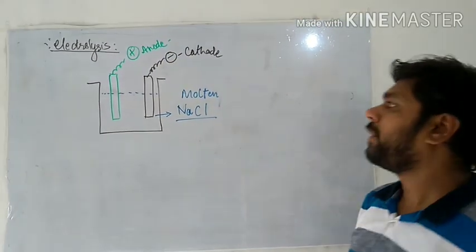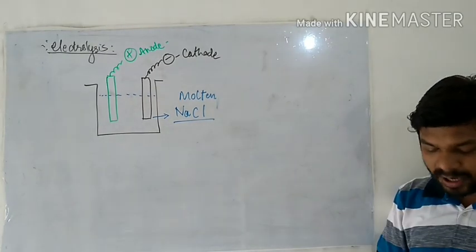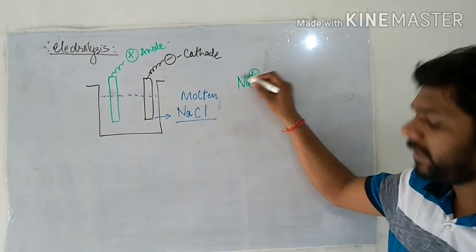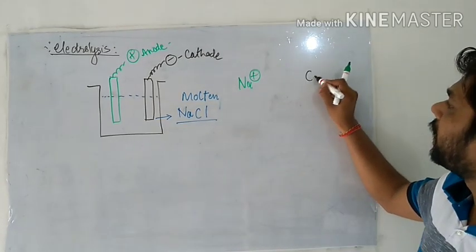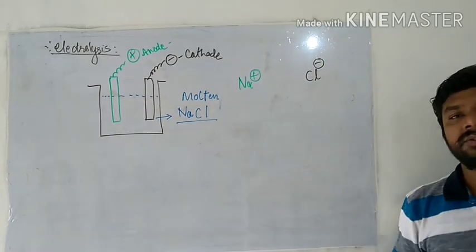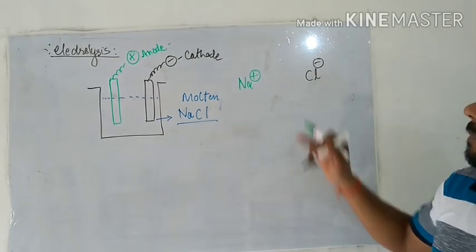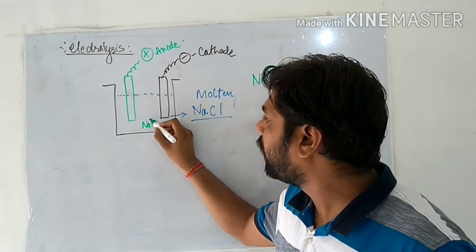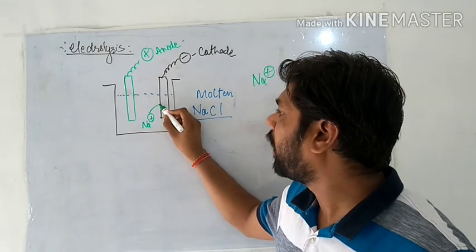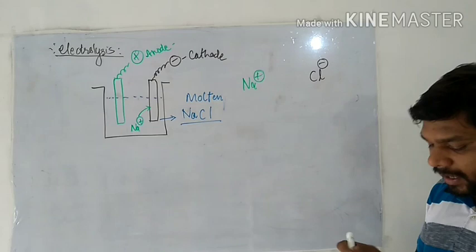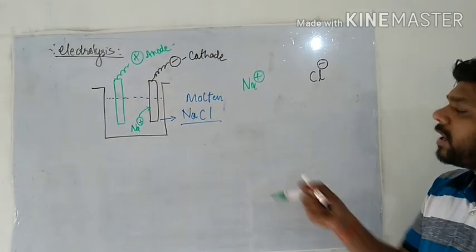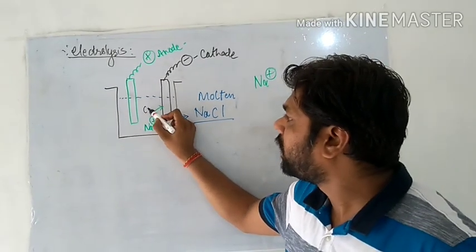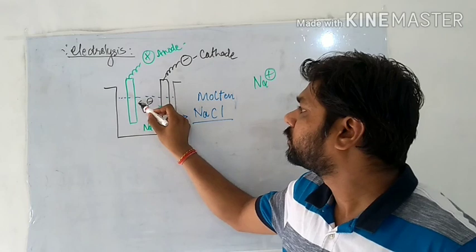Basically, molten sodium chloride will have two kinds of ion: first, sodium positive ion, and secondly, chloride negative ion. As the current is passed, sodium ion will begin to move toward the negatively charged electrode, the cathode, while chloride ion will begin to move toward the positively charged electrode, the anode.